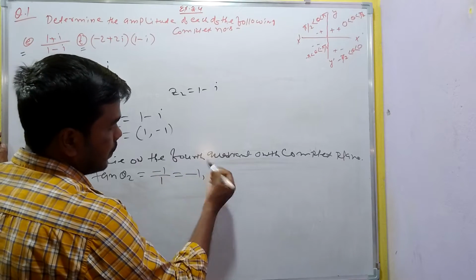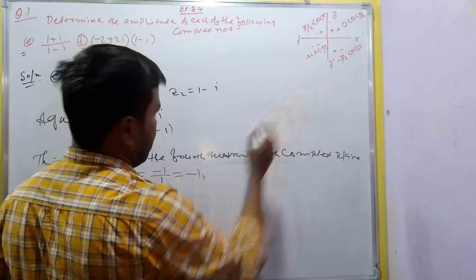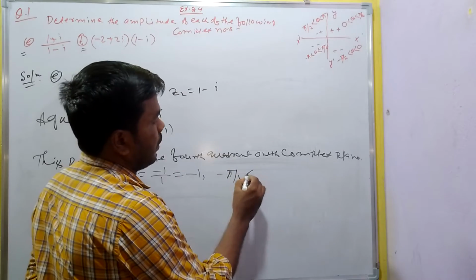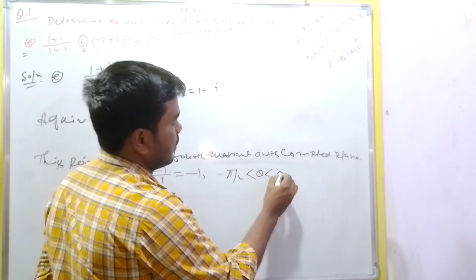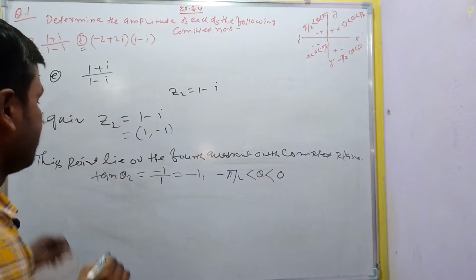Now this point lies on the fourth quadrant, so minus pi by 2 less than theta less than 0.